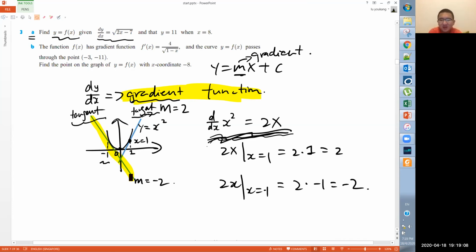The gradient of this tangent, if you don't know how to make use of the gradient function. Let's assume that you have not learned differentiation and integration. How can you get the gradient of this tangent? There is another method.